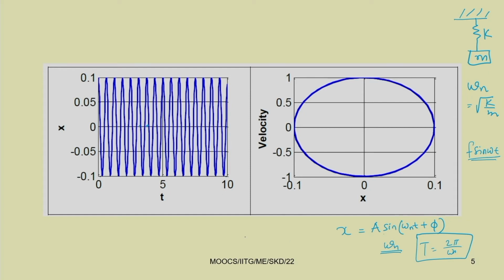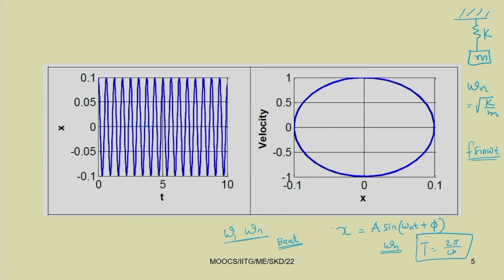One frequency is the external frequency, and the other is the natural frequency of the system. If the frequencies are very close to each other, the system will experience a beating phenomenon, where the beating frequency is the difference of these two frequencies, omega and omega n.